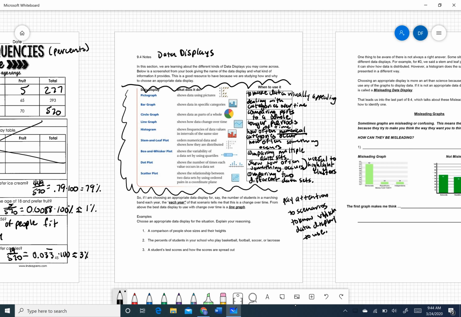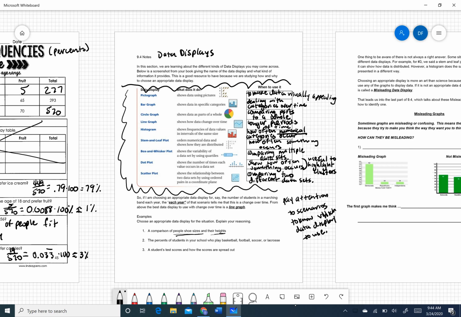All right. So in our examples, we need to choose an appropriate data display for the situation, and we're going to explain the reasoning, right? So in number 1, it says a comparison of people's shoe sizes and their heights. Here I'm comparing two different data sets.